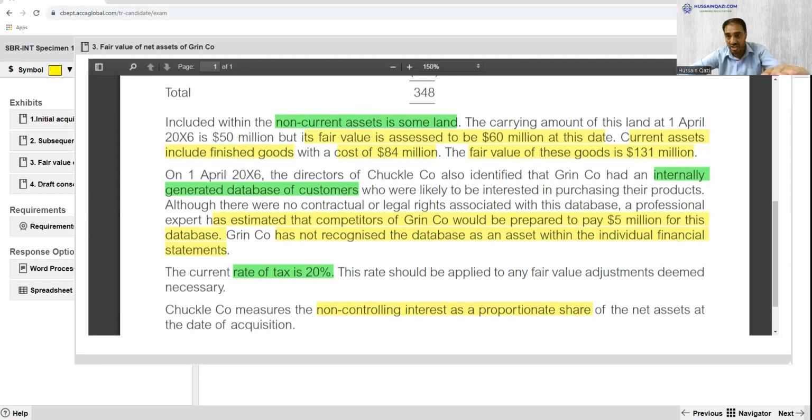But for consolidation, this intellectual property needs to be recognized, and its impact also needs to be recognized as a fair value adjustment, and it also incorporates a deferred tax liability adjustment. The current tax rate is 20%. This rate should be applied to any fair value adjustment deemed necessary.